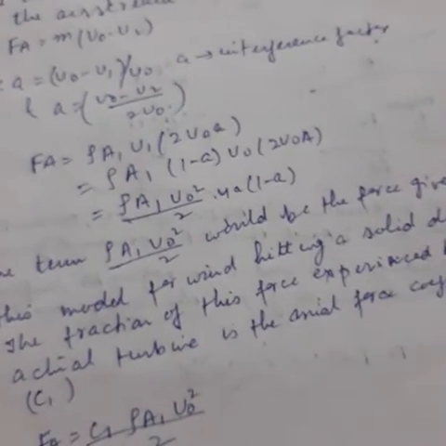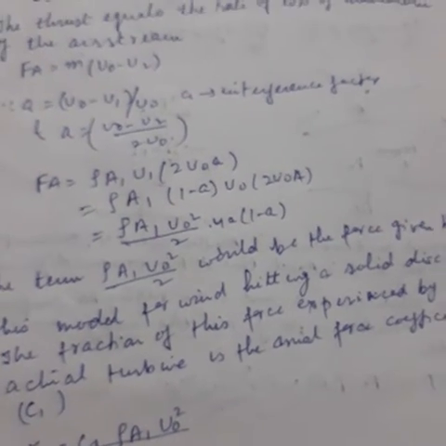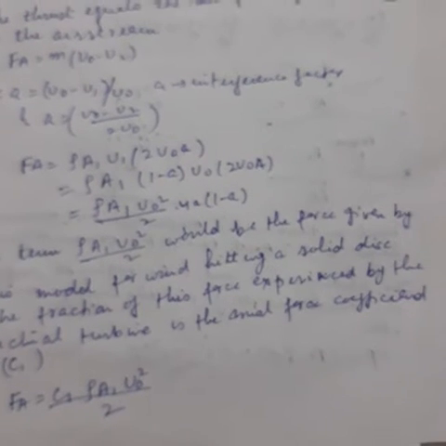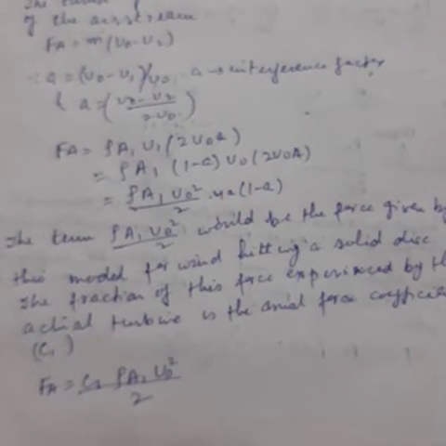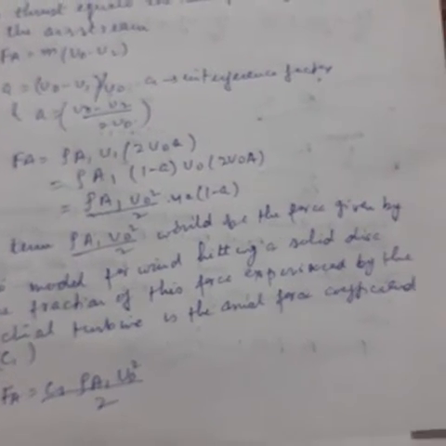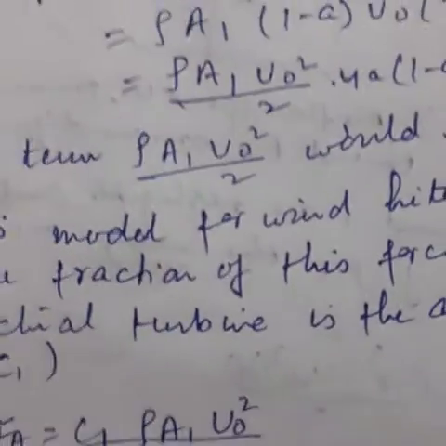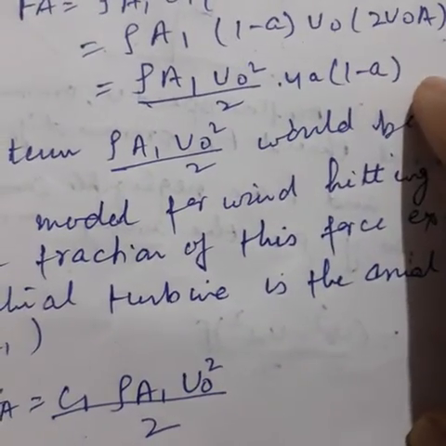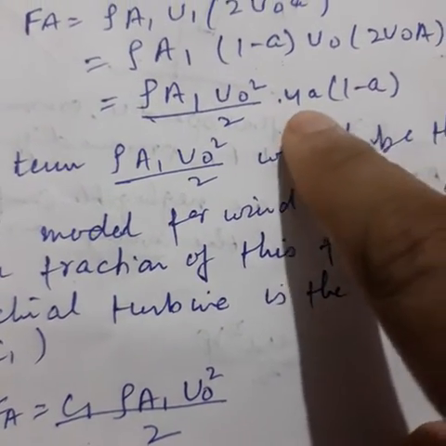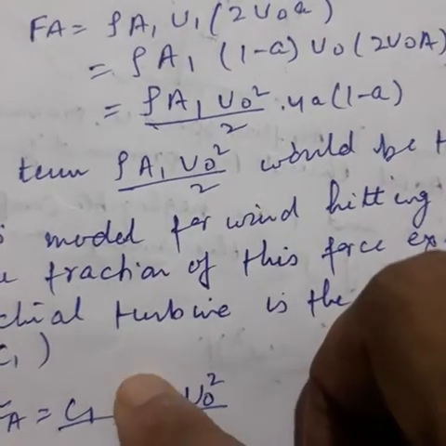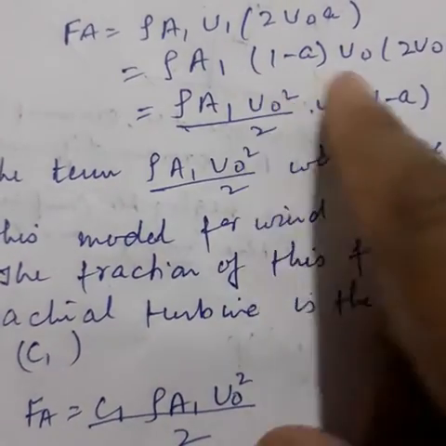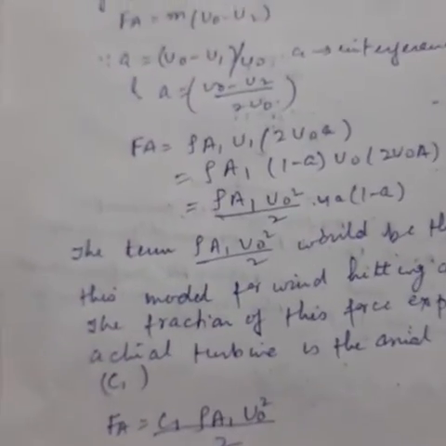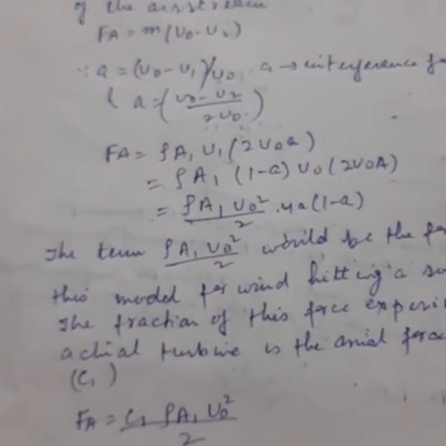Of this force for the wind hitting a solid disk, the fraction experienced by the actual turbine is the axial force coefficient C1, and this C1 is known as 4a into (1 minus a). So when we put the value of C1 equal to 4a(1 minus a), then Fa is equal to C1 rho A1 u0 square by 2. So this is the axial force value through the wind turbine.